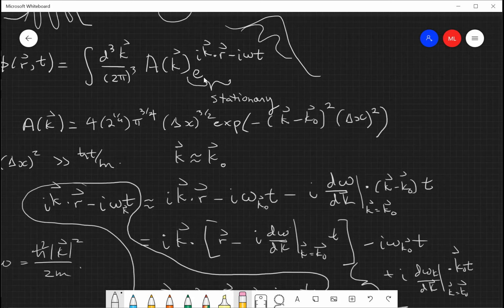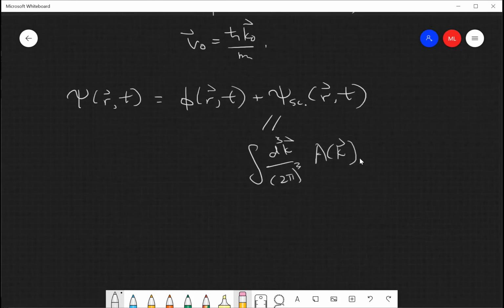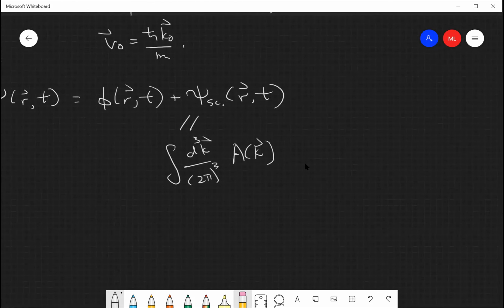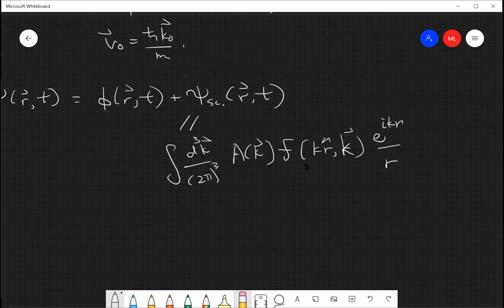So you just replace this with the scattered portion. And the scattered portion is, of course, our friend, the scattering amplitude, which depends on k prime and k. This is k prime. And it's multiplied by the outgoing spherical wave. And then you're left with the e to the minus i omega kt.